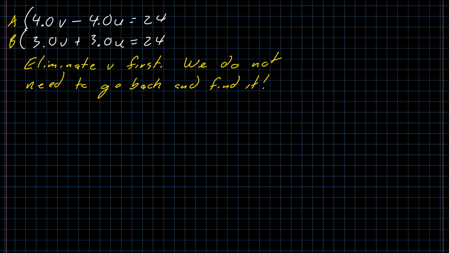So to eliminate v, I think I'm going to multiply equation A by positive 3.0 and equation B by negative 4.0. That will give me 12v minus 12u equals 24 times 3.0 is 72.